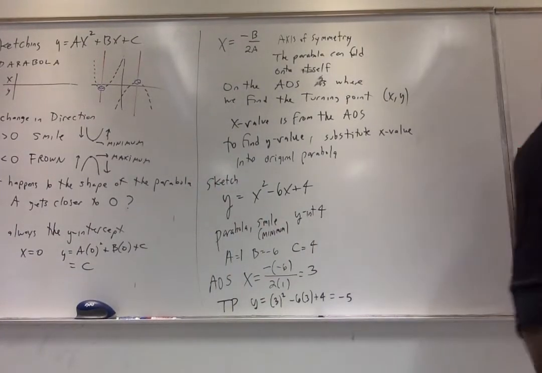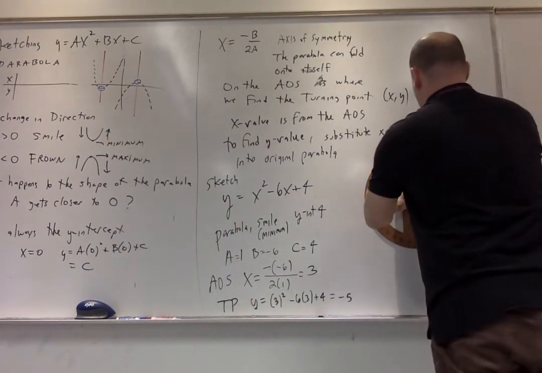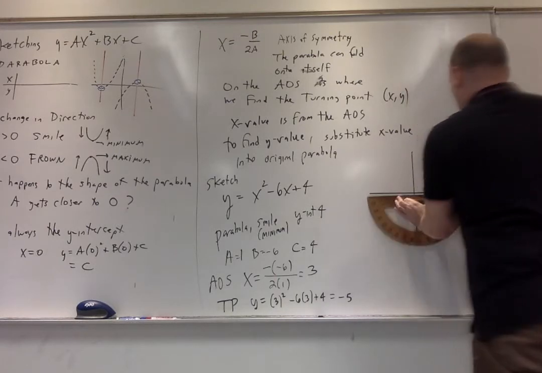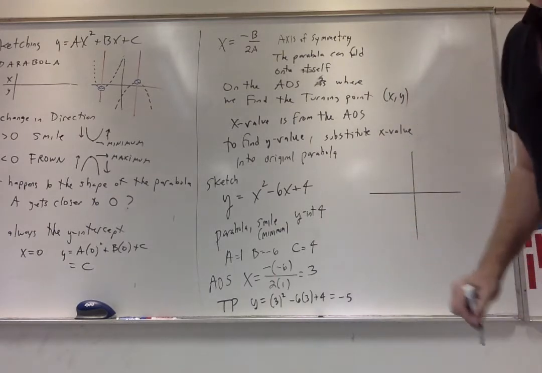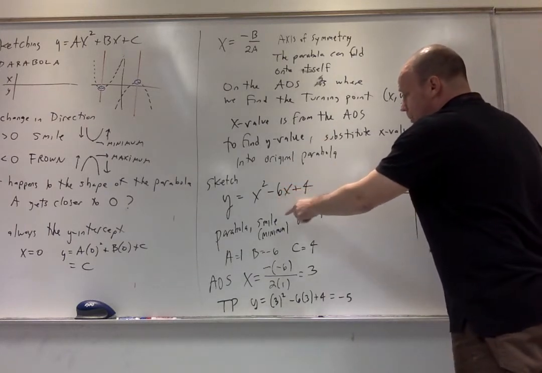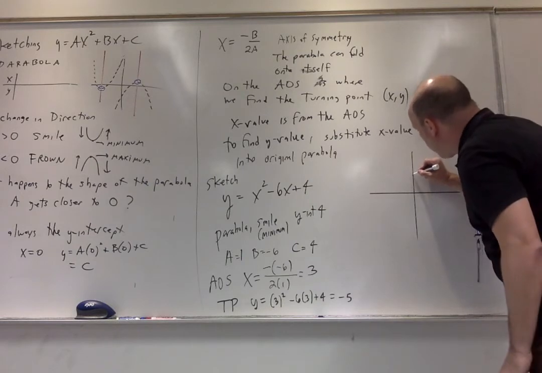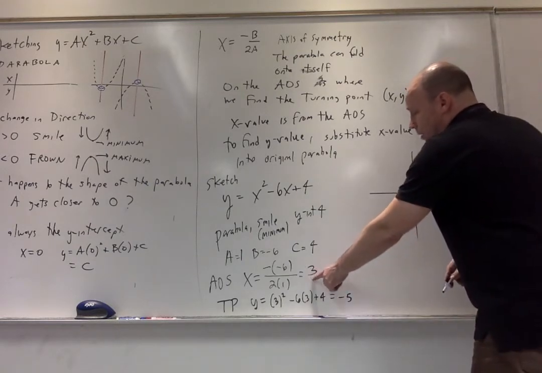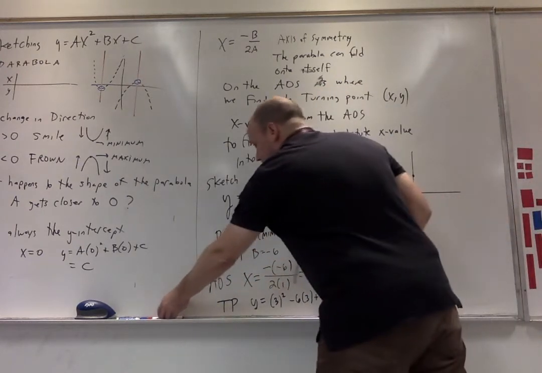I'm going to draw my axes. Let's get some points down. I know what to expect. I know it's going to be a parabola. I know it's a smile. I know my y-intercept is 4. I know my axis of symmetry is x equals 3.